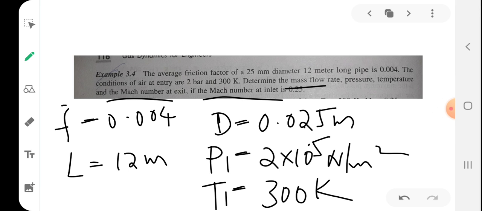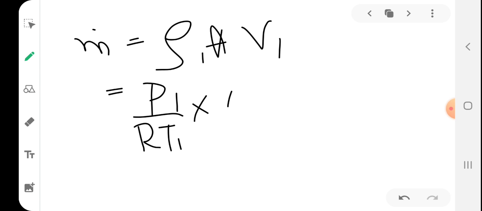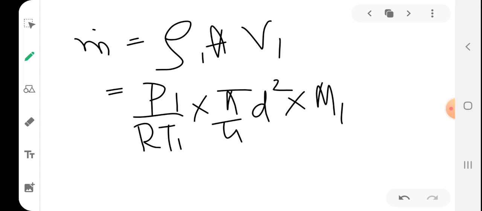If the Mach number at inlet is 0.25, so M1 is 0.25. Initially we have to find m dot, the mass flow rate. Mass flow rate equation you know: rho1 A V1, constant area. Rho1 is P1 by RT1, area is pi by 4 d square, velocity is Mach number into acoustic velocity, that is square root of gamma RT1.